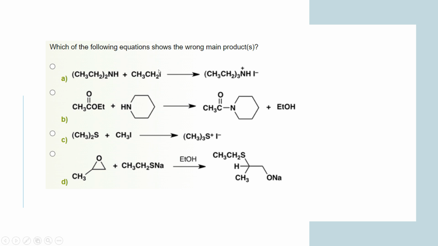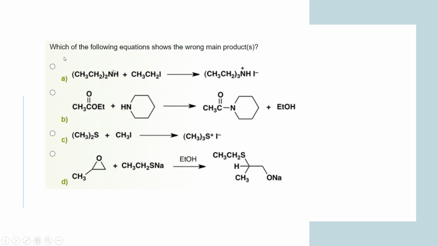In this alkyl halide, the C-I bond you can imagine as delta positive and delta negative because of the electronegativity of iodine. So the delta positive charge generated at CH2 will get attacked by the amine nitrogen atom.